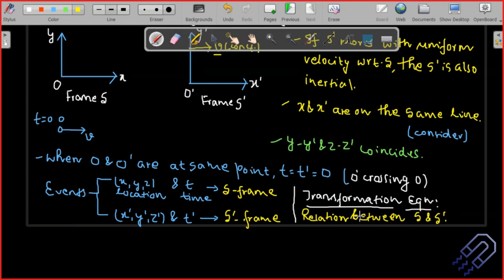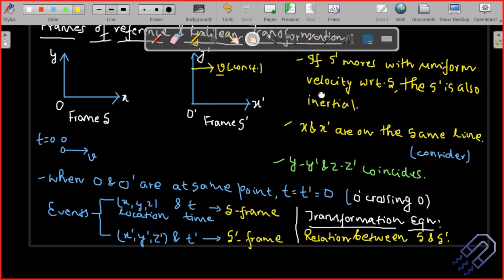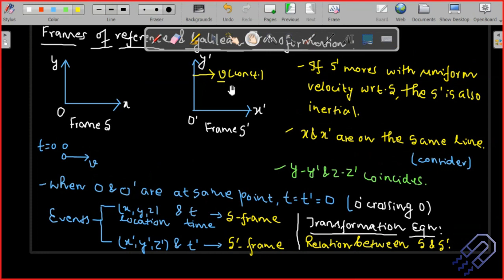Eventually, you'll see that if you are considering a normal velocity v, this transformation equation is simple. But if this velocity v gets comparable to the speed of light, Galilean transformation becomes invalid. Then we go into the concept of Lorentz transformation.